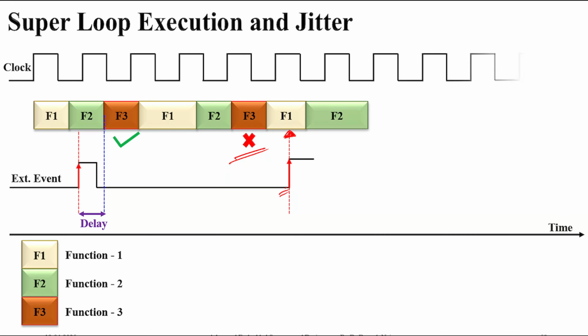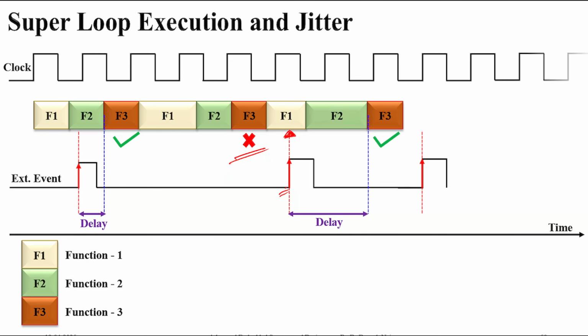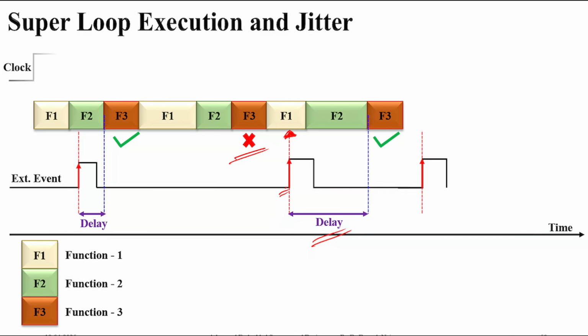Now in such a case, function 3 will have to wait for a longer period, or we can say the delay will be longer, because now function 1 will complete its job and release the CPU resources, function 2 will take the resources, complete its job, then release the resources and function 3 will take the CPU resources.